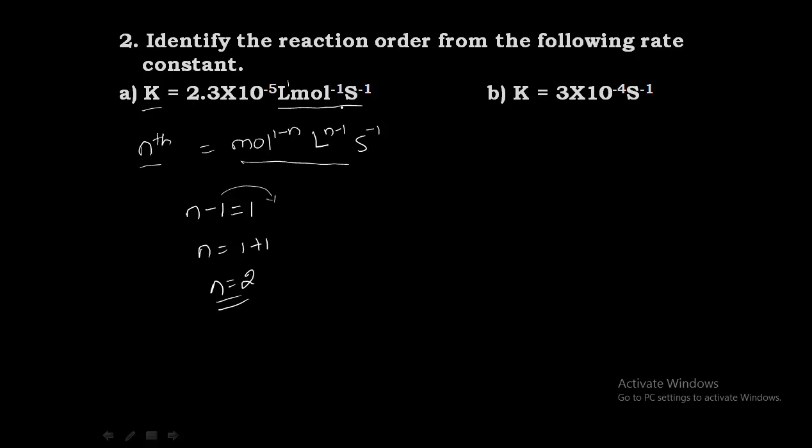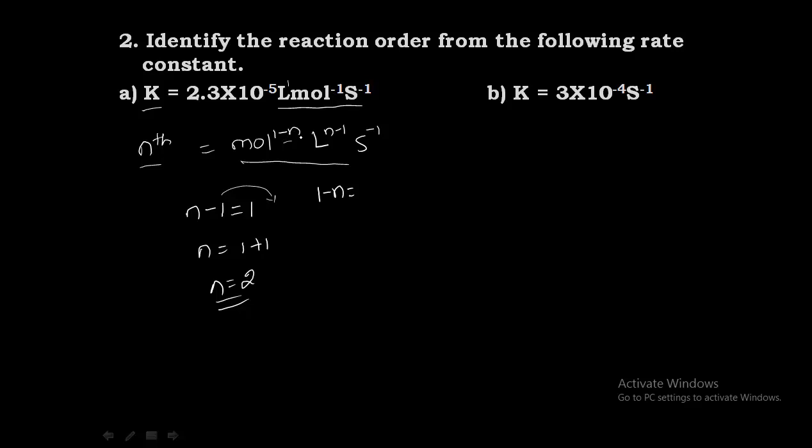By simply observing the unit of the rate constant, we can find the order of the reaction. Or else you can take the mole raised to 1 minus n. In the given unit, mole raised to minus 1 is there.